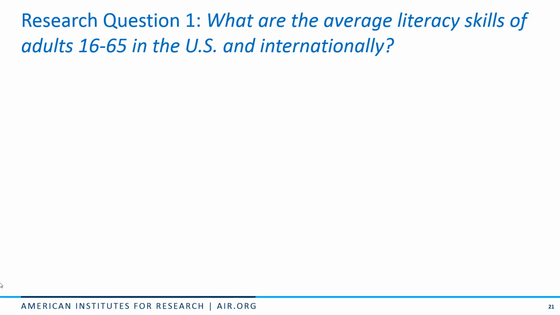The first research question we will look at is, what are the average literacy skills of adults 16 to 65 in the U.S. and internationally? This question involves a simple analysis comparing the U.S. literacy average with the average of all participating countries included in the NCS IDE.